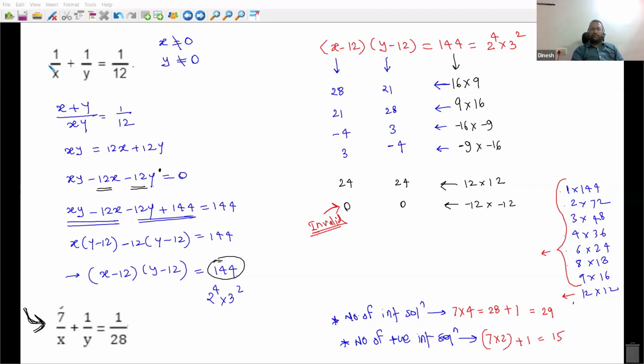It can always be factorized. For the factorization, you need to make this adjustment. Let's try.